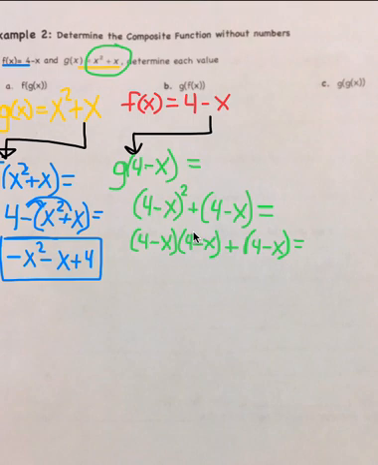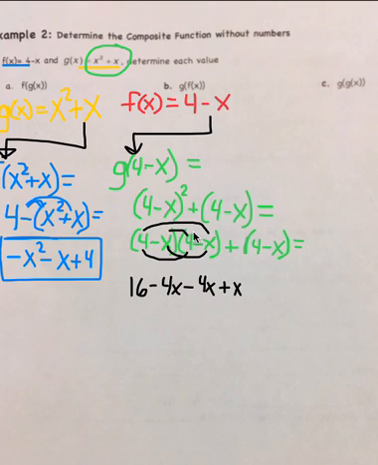So when I solve it, I'm going to use FOIL. First times first, 16. Outside, 4 times negative x, negative 4x. Inside, negative x times 4, negative 4x. Last, negative x times negative x, plus x squared, and then I still have this plus 4 and a minus x.